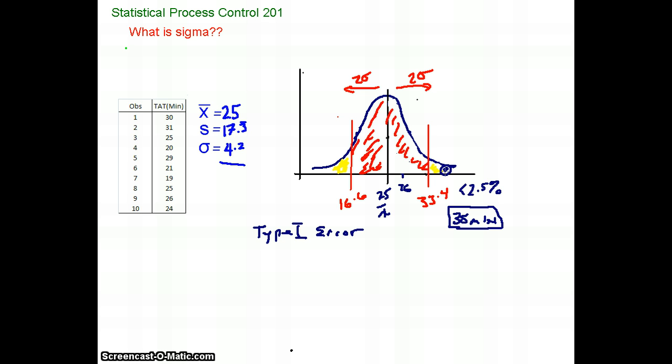Now, how does where we place our sigma process control lines affect our chance of making a type 1 error? Well, obviously, the farther we place these lines away from the mean, the more sigma we encompass within the control limits of our process control chart, the lower the risk of making a type 1 error.